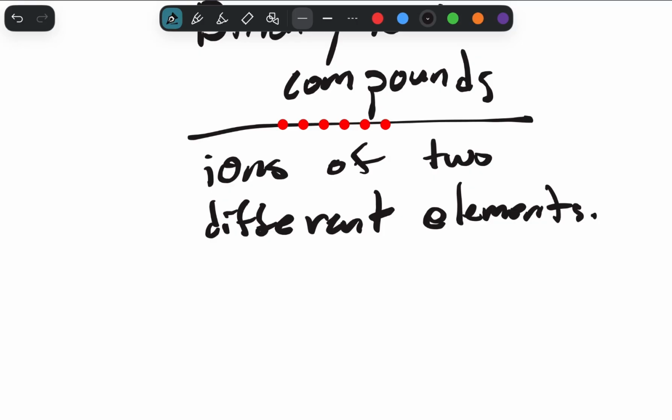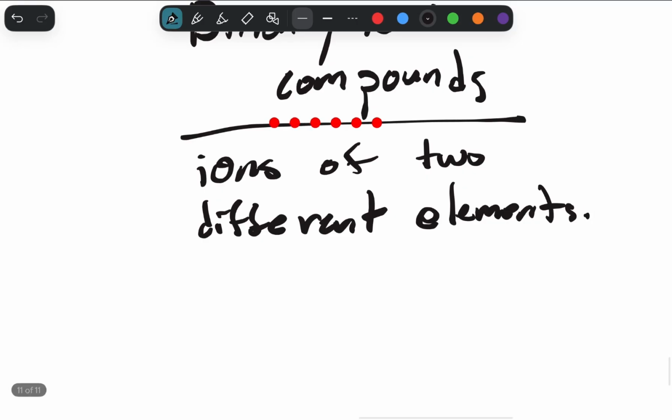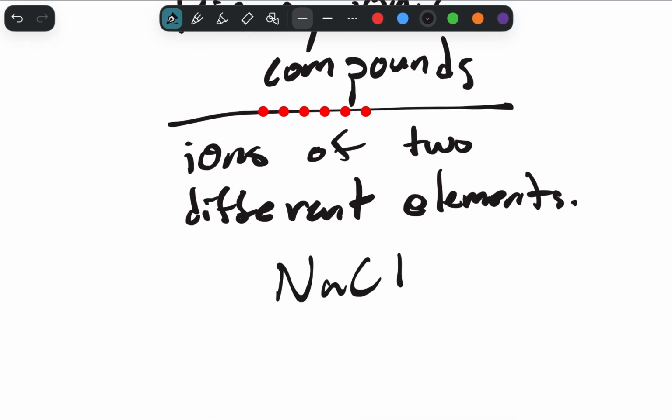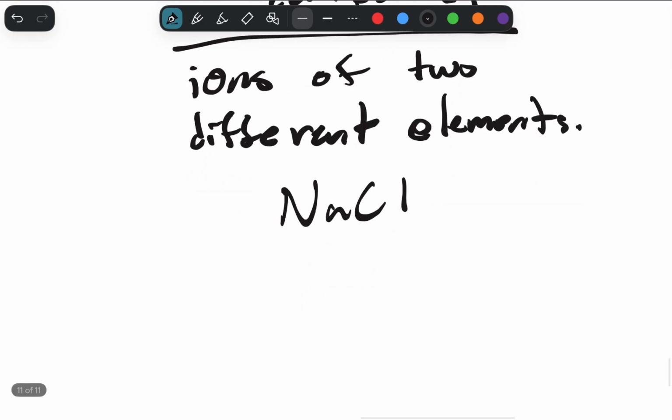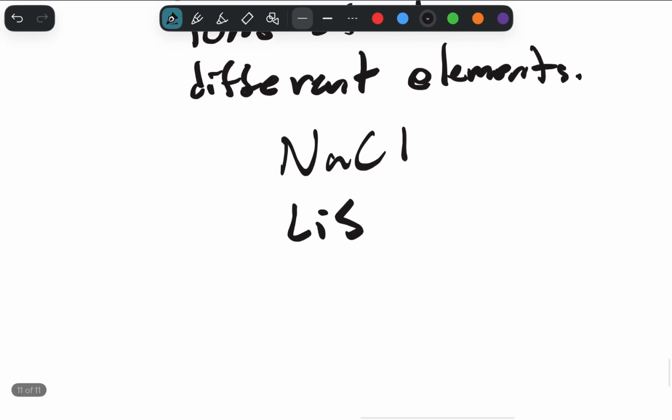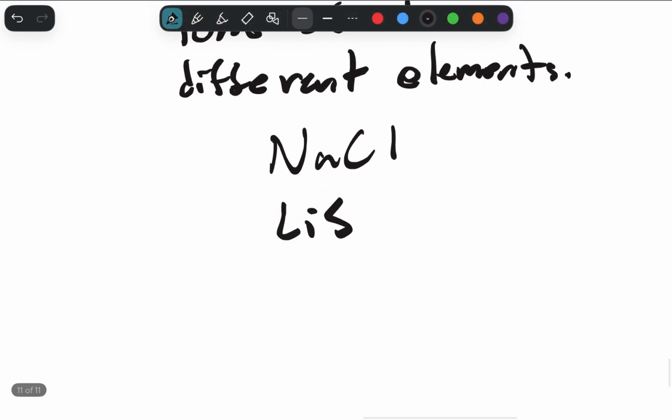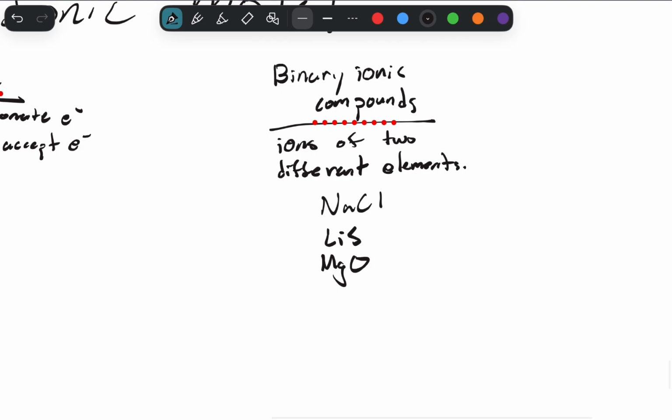So, as we just said, NaCl, table salt, is a binary ionic compound. Or let's say lithium sulfide, Li2S. Or magnesium oxide, MgO. These are all binary ionic compounds, okay?